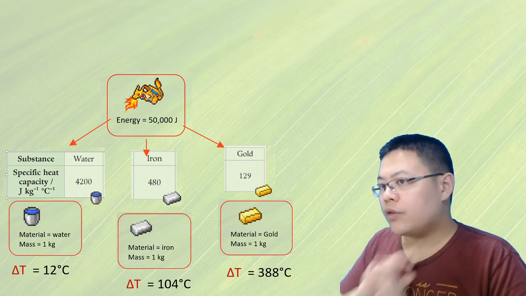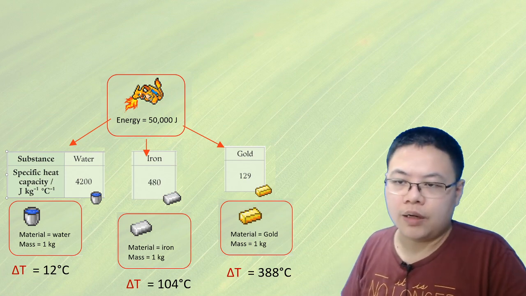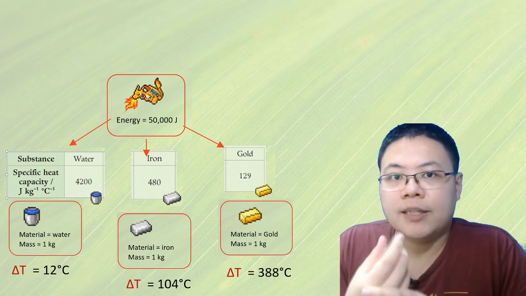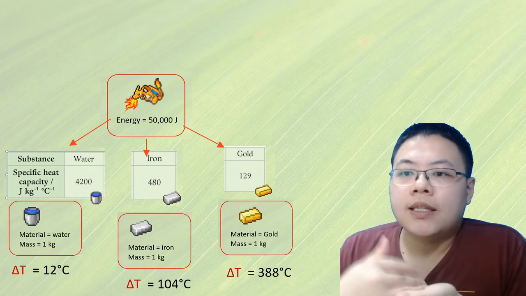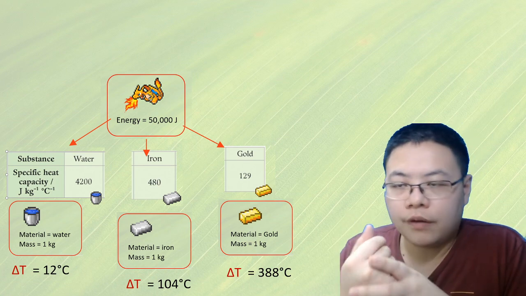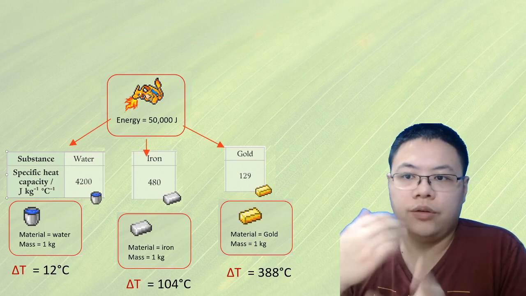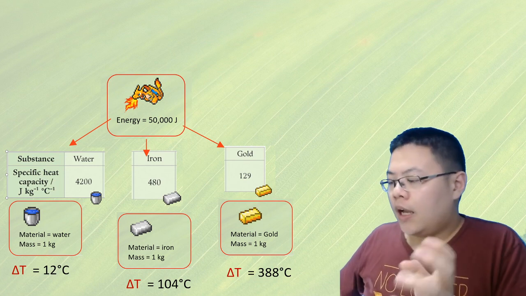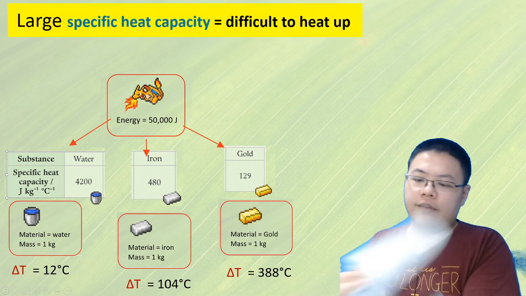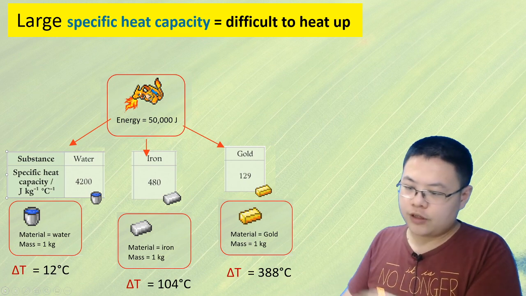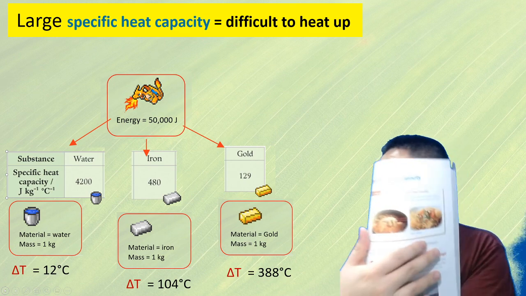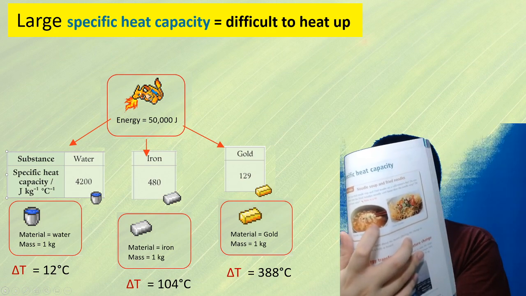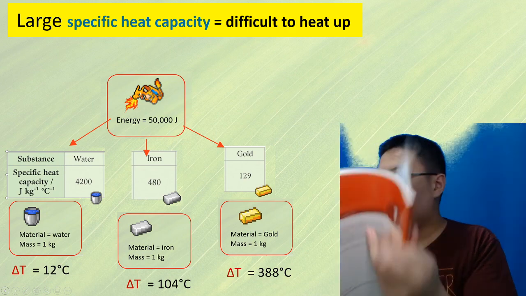You can forget some of the material we have covered, but you have to take this away. The size of the specific heat capacity is an indicator of how difficult it is to heat something up. And water is very, very difficult to heat up. If you have a look at the first picture in the textbook, you can see noodles. This is tong mian, this is chao mian.